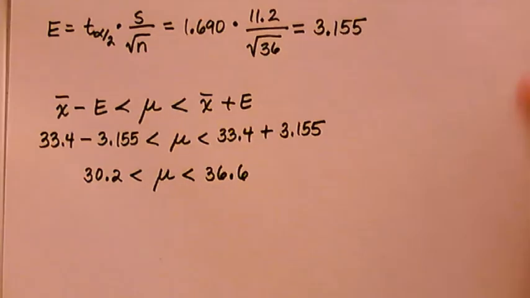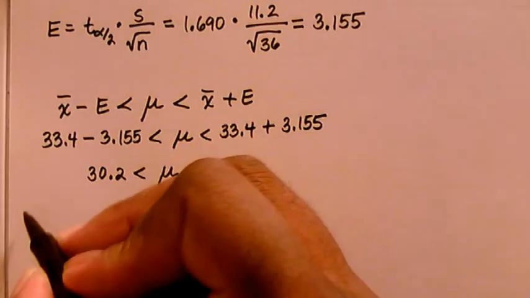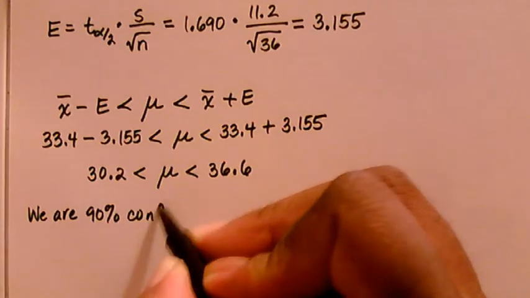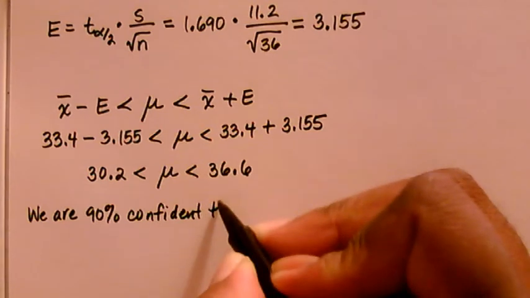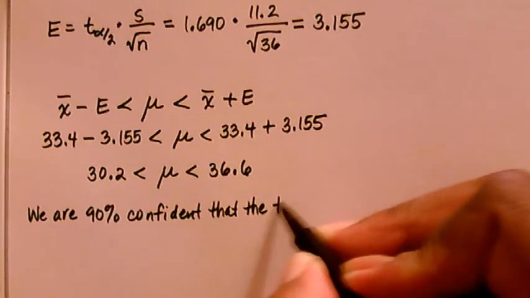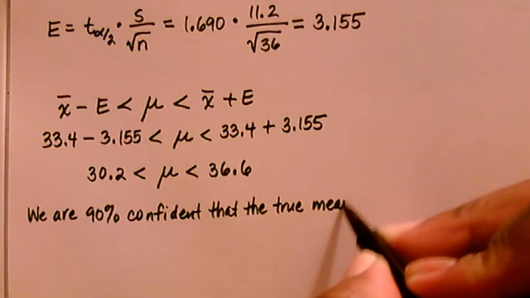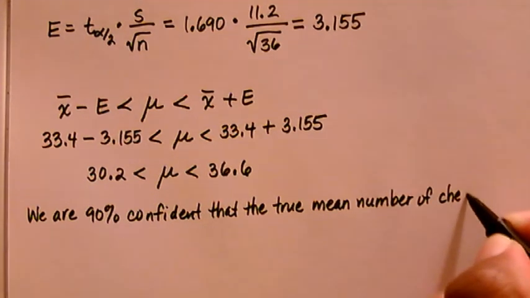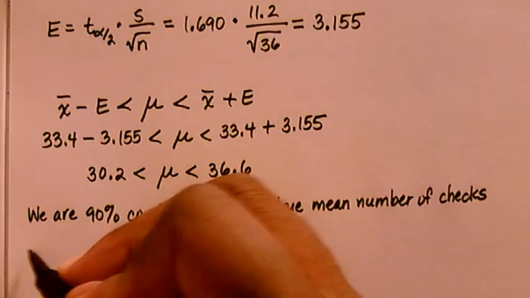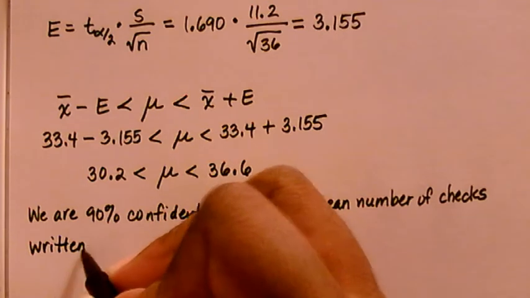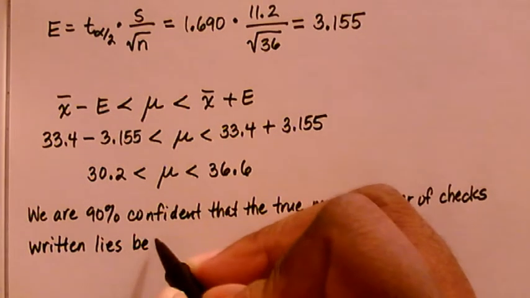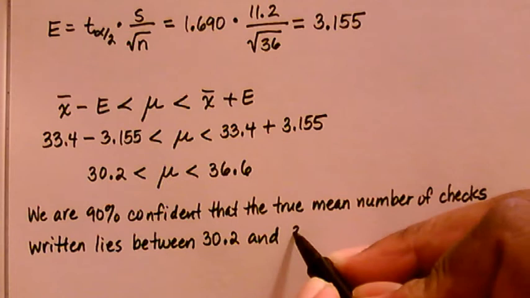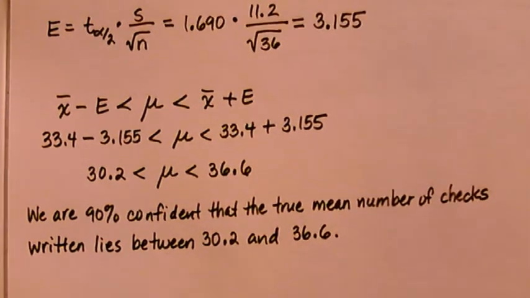So our statement is this: that we are 90% confident that the true mean number of checks written lies between 30.2 and 36.6.